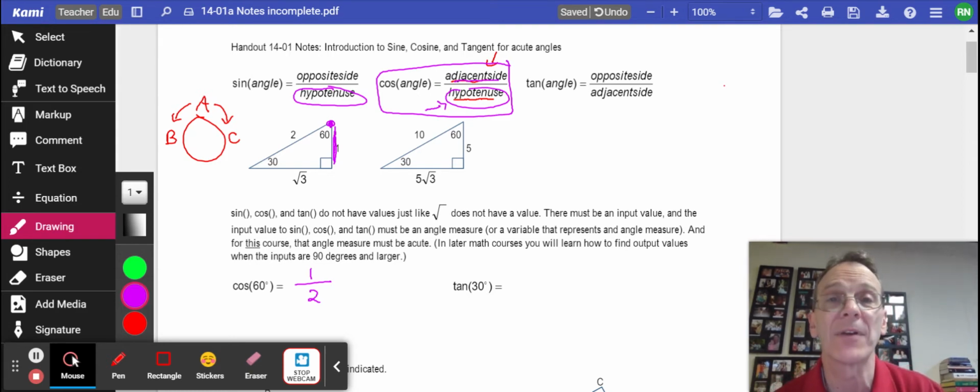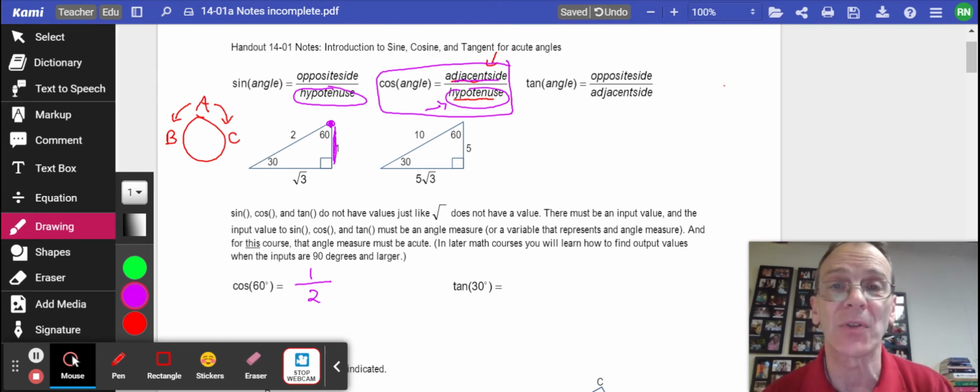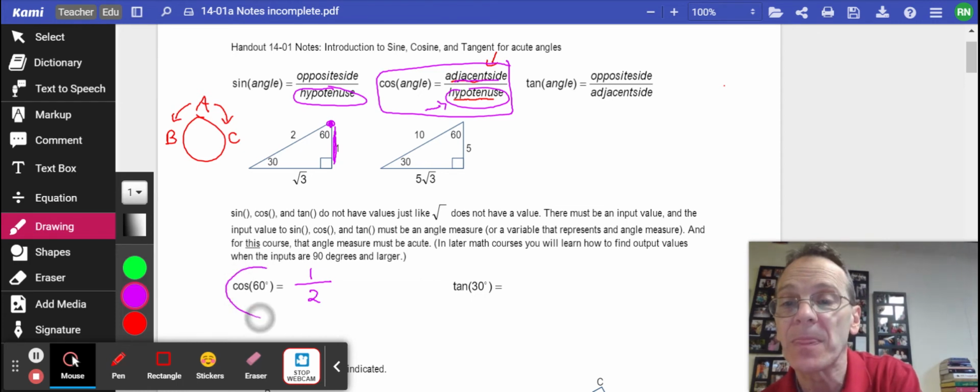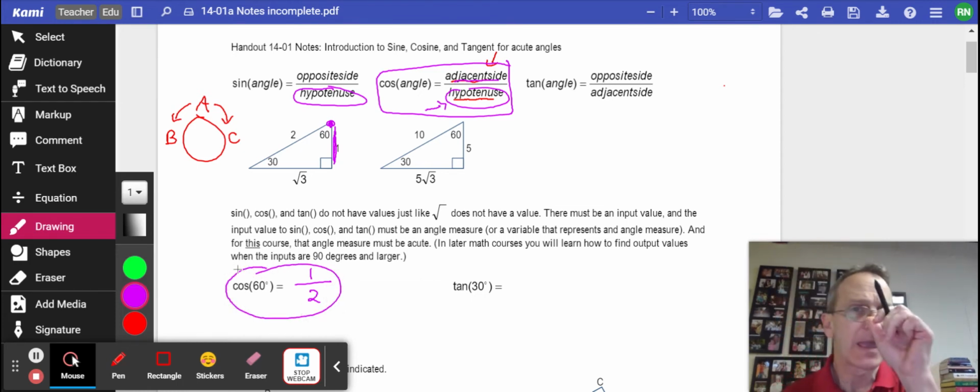So there's the value of the cosine of 60 degrees. It's 1/2. You could write it as a decimal, 0.5, but don't, okay? Do not waste 1 second turning perfectly good fractional answers into decimals. Don't do it, okay? In some cases, I will ask for exact values for these expressions, okay?